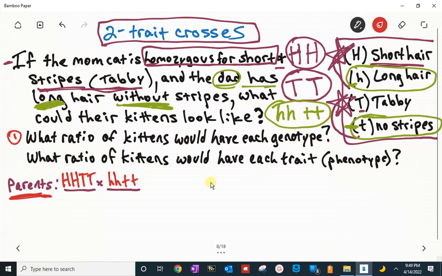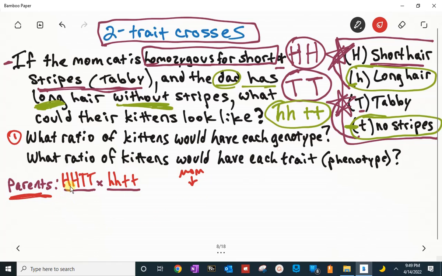Well, we just need to do one of those Punnett squares. But how do we do a Punnett square with two traits, two characters? Well, the mom's going to be in this column right here.